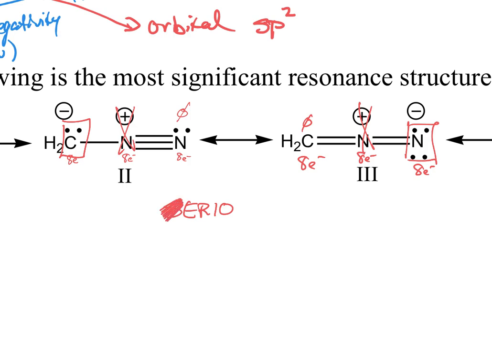We're not worried about size because they're not in the same group. We're worried about electronegativity because they're in the same row. Nitrogen has an electronegativity of 3.08, I believe, and carbon is 2.55. And so molecule 3 beats out molecule 2.